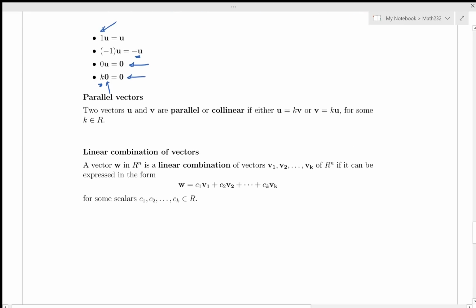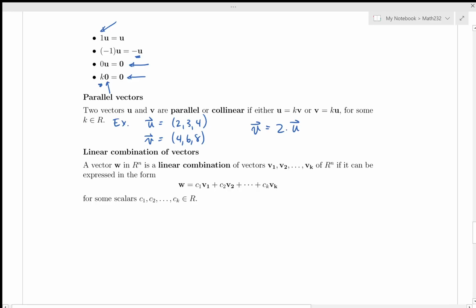Okay, how do we tell if two vectors are parallel? Let's start with an example. Here's a vector u equal to (2, 3, 4), and v is a vector equal to (4, 6, 8). I'm telling you that if I drew these two lines, they would be parallel to one another. And how do I know that? I know they are parallel because v is equal to 2 times u.